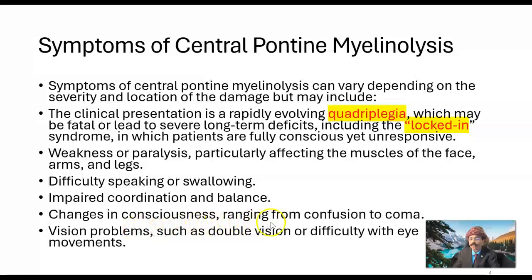Changes in consciousness ranging from confusion to coma, vision problems such as double vision or difficulty with eye movement. This happens due to the involvement of the pons of the brain stem.